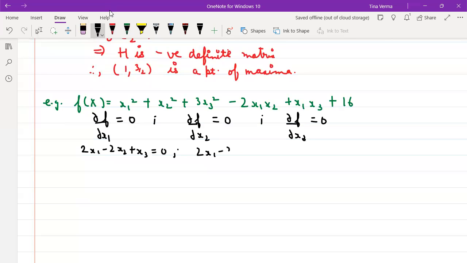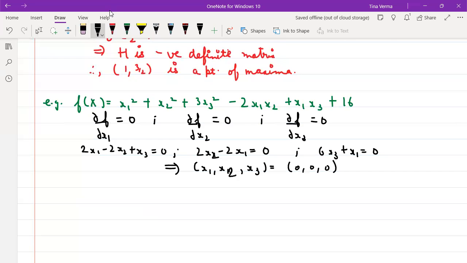This is -2x1 + 2x2, equated to 0. And this will be your 6x3 + x1 equal to 0. So when you solve this, you will get the values of x1, x2 and x3 as 0, 0, 0, right? The next step is you will construct the Hessian matrix.